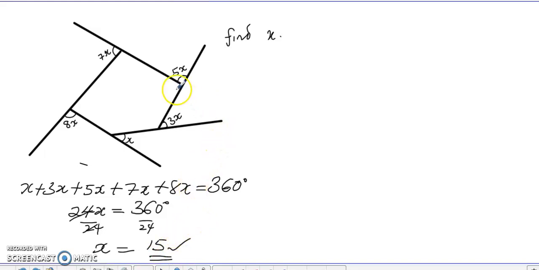In case you're asked to find the interior angle, maybe I have something like y here, we have to find the interior angle. For me to find the value of y here, I'll know that this angle is on a straight line and the sum of the angles is 180. I've already obtained x to be 15.